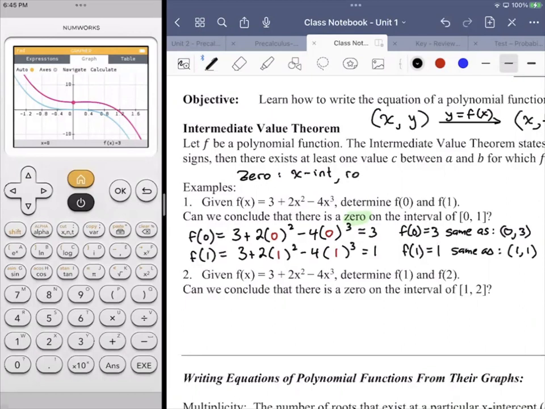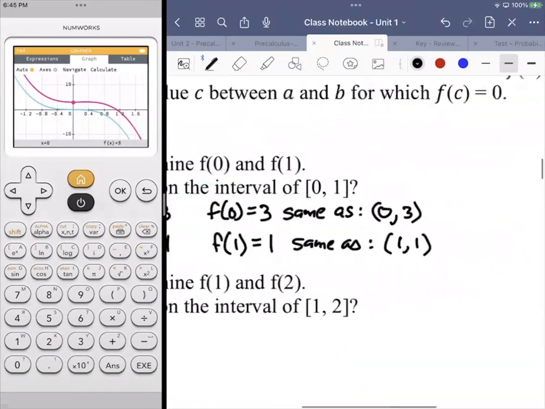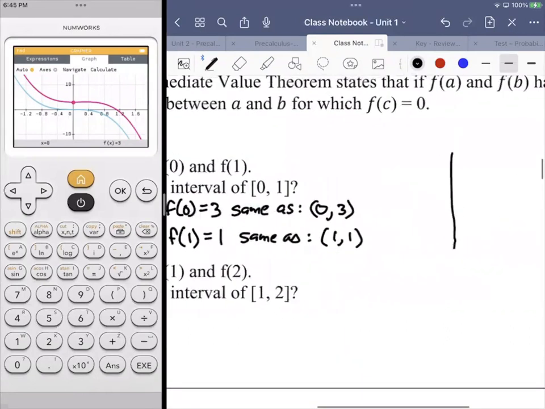X-intercept, root, where it crosses the x-axis, whatever you like. All right. So what I want to know is, based off of these two coordinates, can I conclude that there's going to be an x-intercept somewhere between the x value of 0 and the x value of 1? And if you're not sure, do a quick sketch.